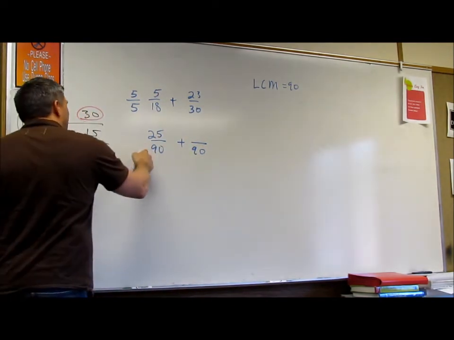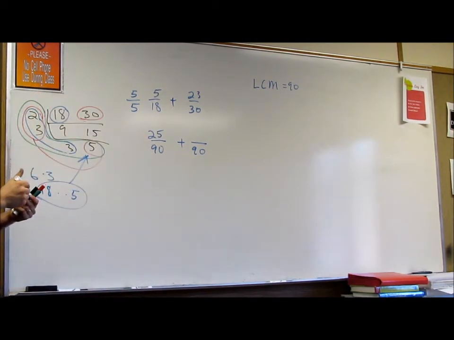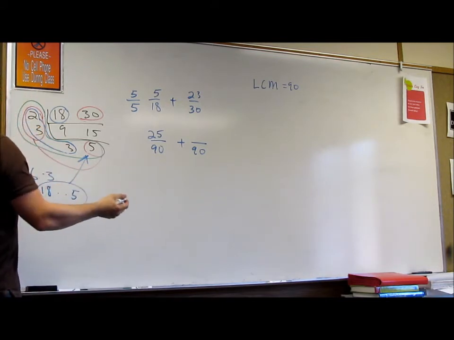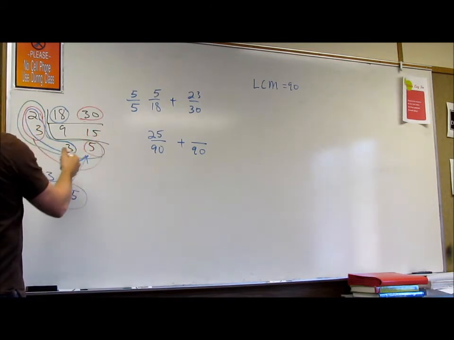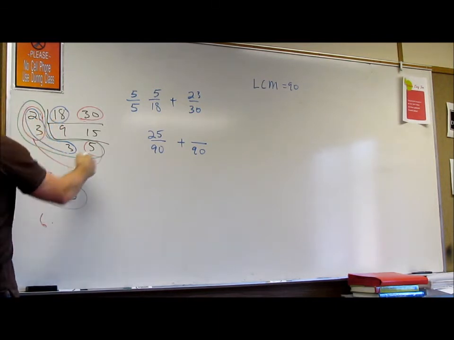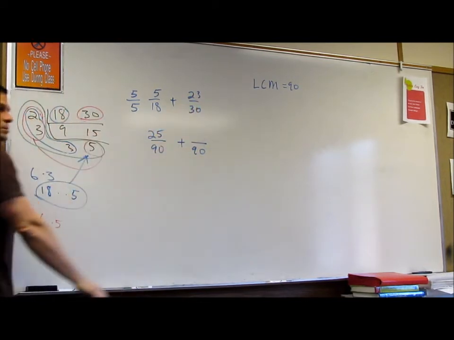And that's the same as 5/18, except now it's over 90. Okay? And then I've got the red, which is 2 times 3, or 6, times 5, which is, again, 30.